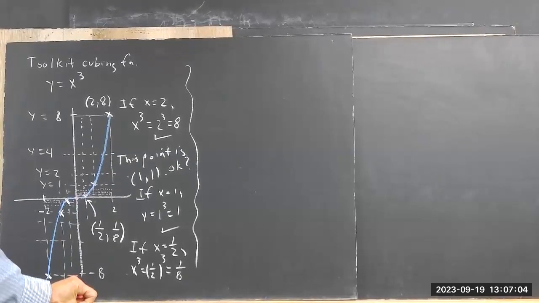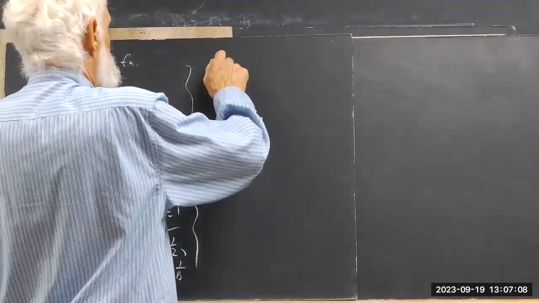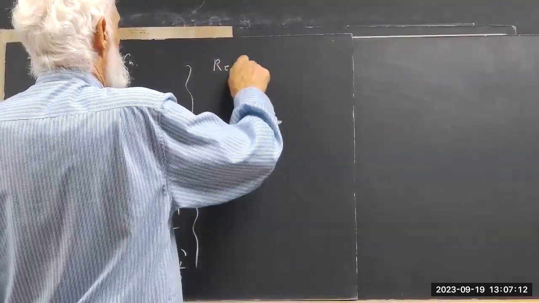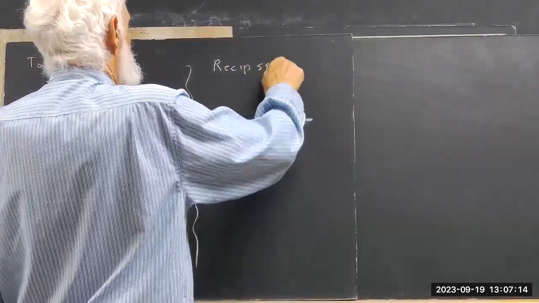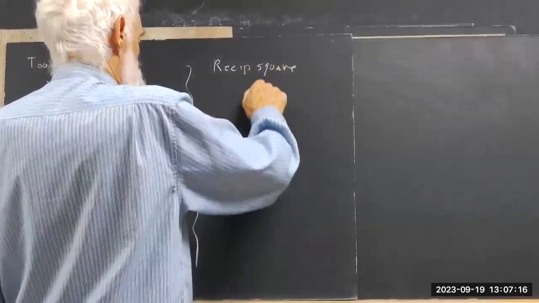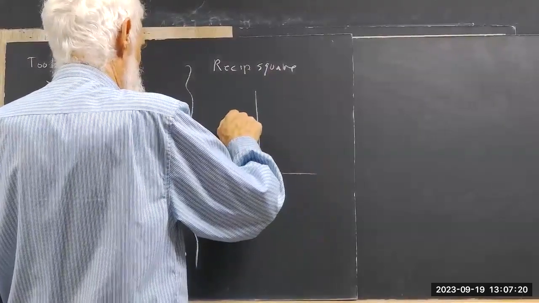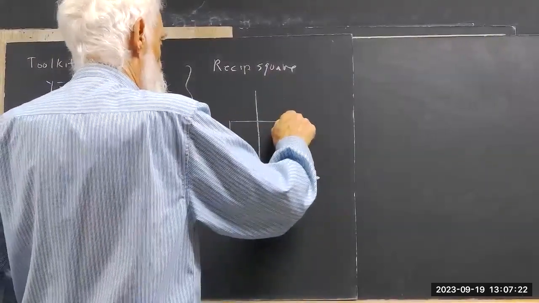Well, that's your cubing function. The reciprocal square function. We're back to our favorite 4x4 cube.